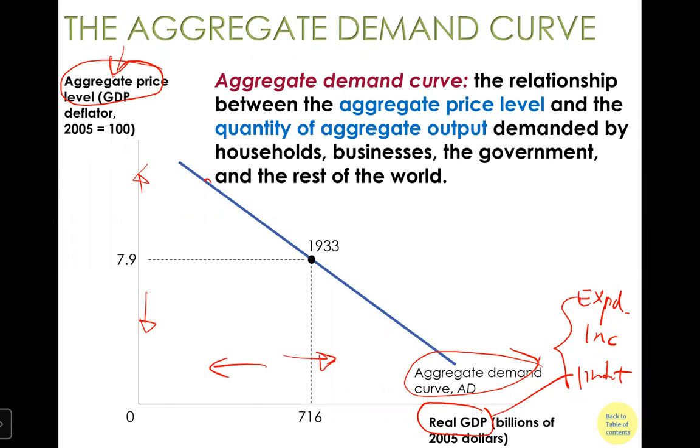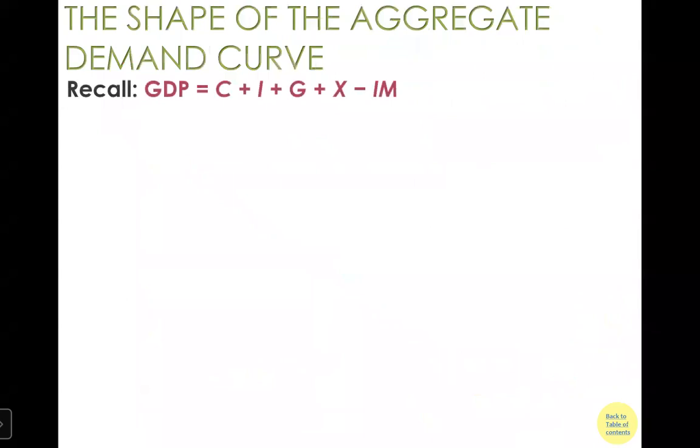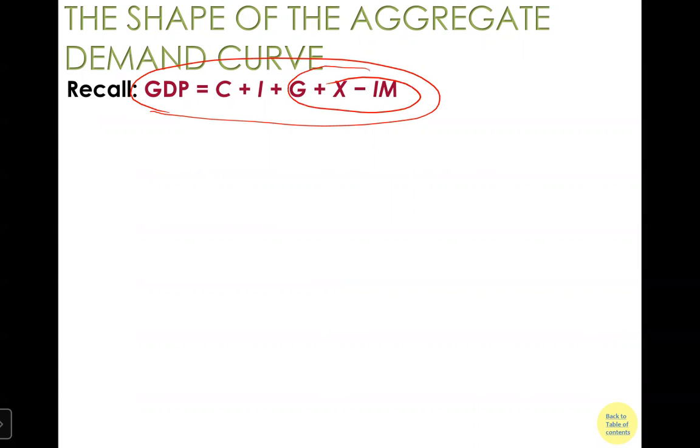But what is behind that? To understand the downward slope of this aggregate demand, we need to look at this equation. We have seen this many times, right? In the previous lecture, we killed these three terms. Now we bring them back, okay?